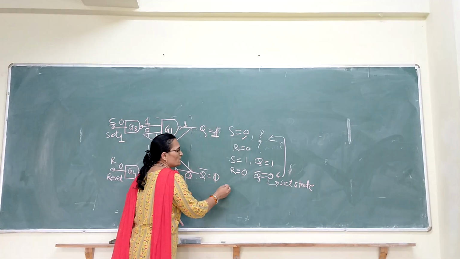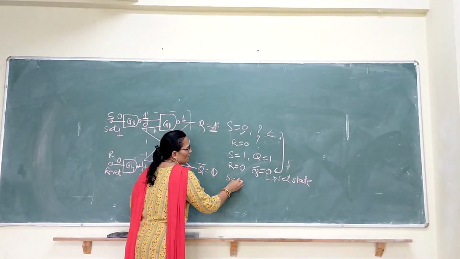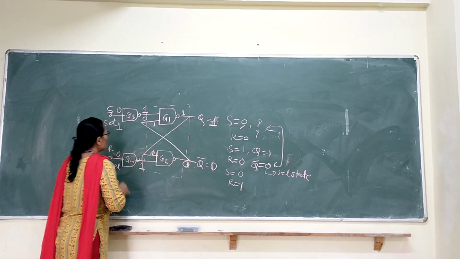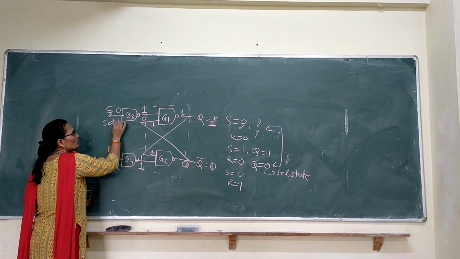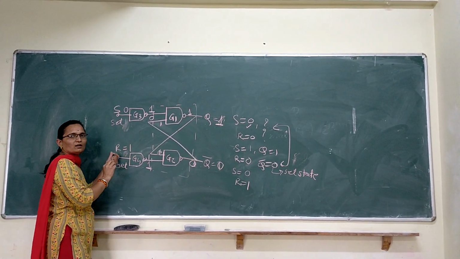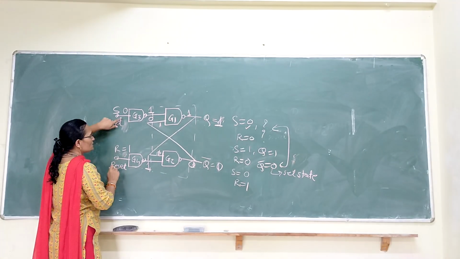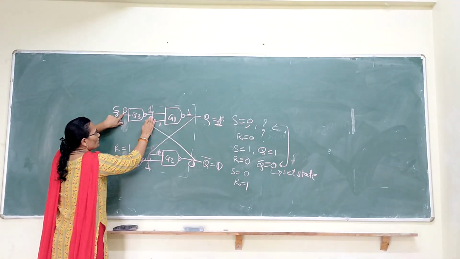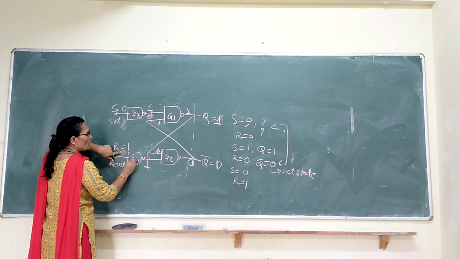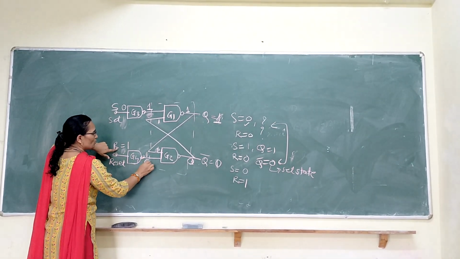Now we take one more condition: S is 0 and R is 1. Again we do the same procedure. S is 0, so the output of this NAND gate is 1, and R is 1, so the output of the other NAND gate is 0.